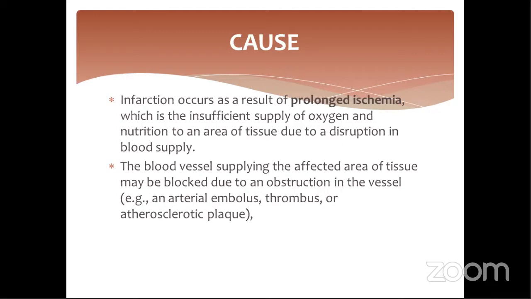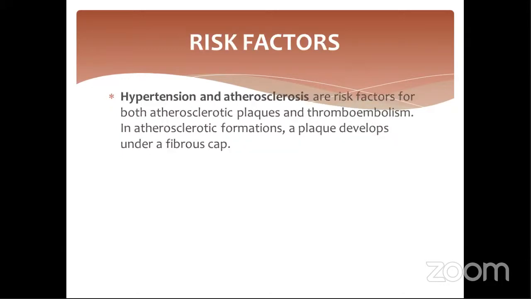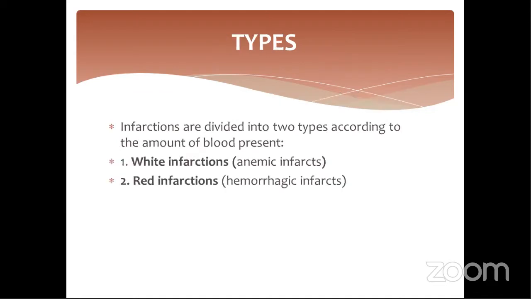The blood vessel supplying the affected area of tissue may be blocked due to obstruction of the vessel. That blockage may be from an arterial embolus, thrombus, or atherosclerotic plaque. So, what are the risk factors for infarction? Hypertension and atherosclerosis.